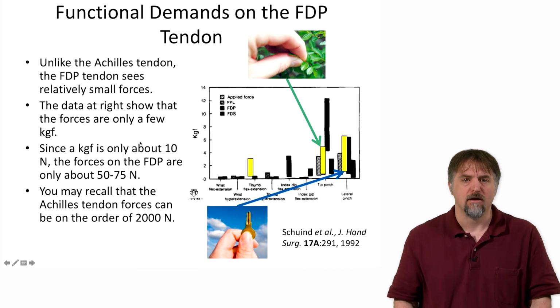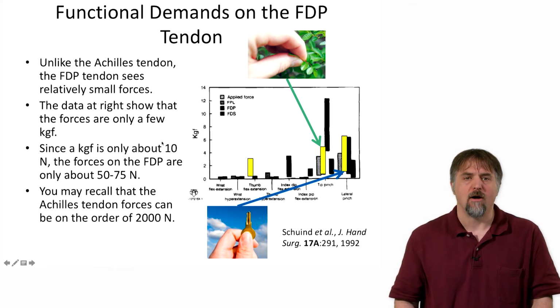These are some data. I think this is from Andy On's group, I forget, where they're looking at different forces, and this is in kilograms of force, for various activities, right? And the FDP is this black guy here. So the ones that they talk about are a so-called a tip pinch or a lateral pinch.